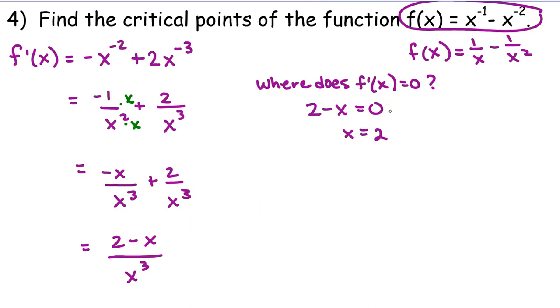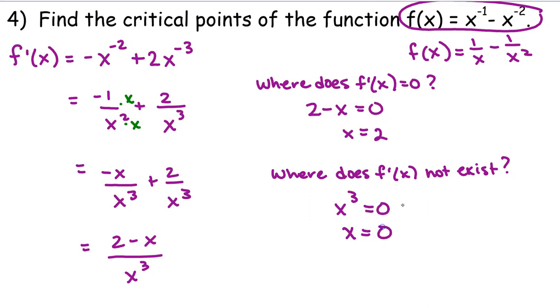If you want to know where the derivative does not exist, you look for where the denominator is 0. Cube rooting both sides, we get x equals 0. So the x values of the critical points are x equals 2 and x equals 0. Now actually x equals 0, if you think back to the original function, is not even in the domain of this function.